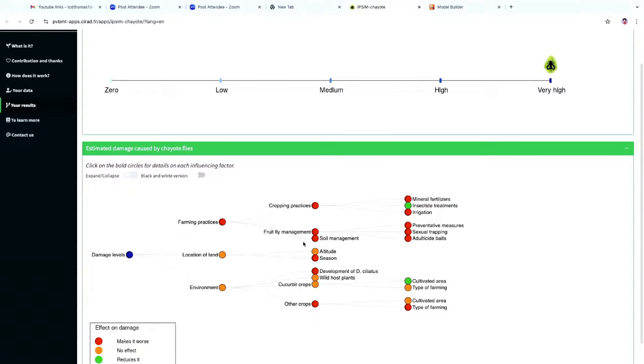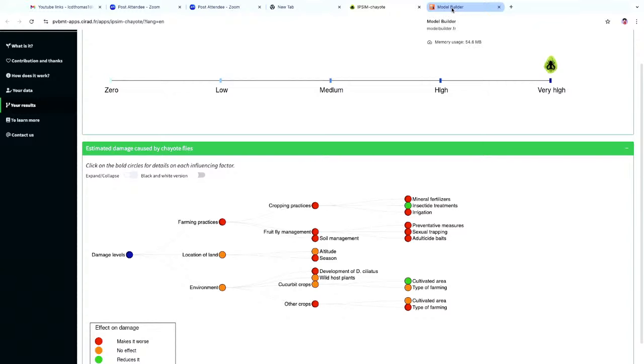If you are not happy with that, you can go back to the input and say, okay, more maybe was not a good idea. What does it change if I go to a lower amount of nitrogen, for instance, or what will happen if I have another technique to control the fly? Okay.